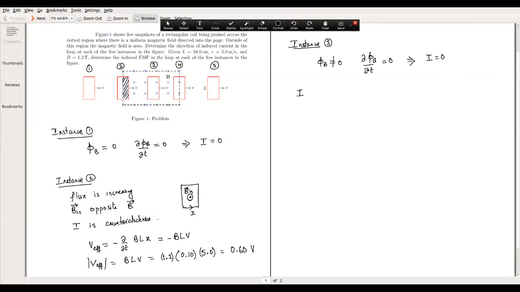Instance 4, the flux is now decided by how the shaded area that I've shown just now is changing with time. Since it's moving out, that's actually decreasing. So flux is decreasing now.